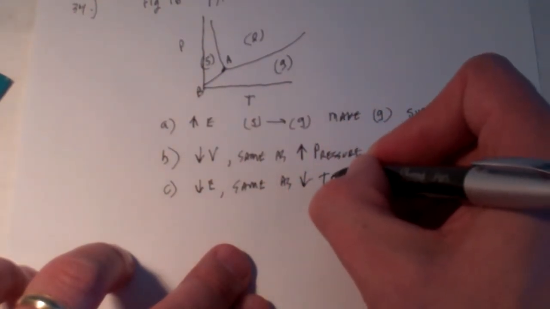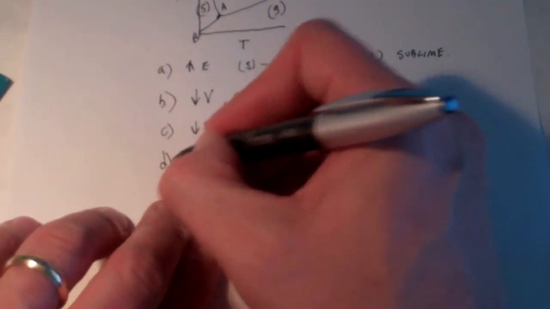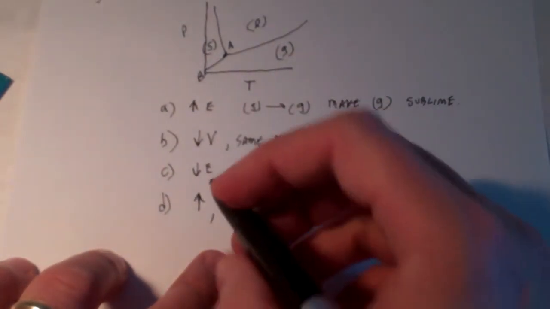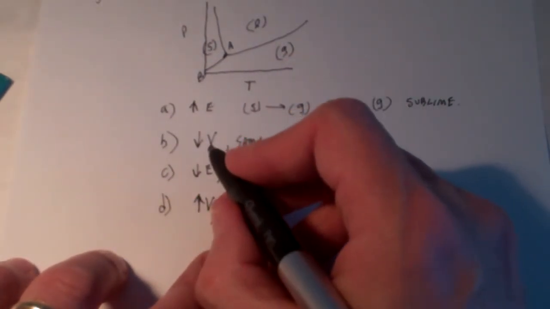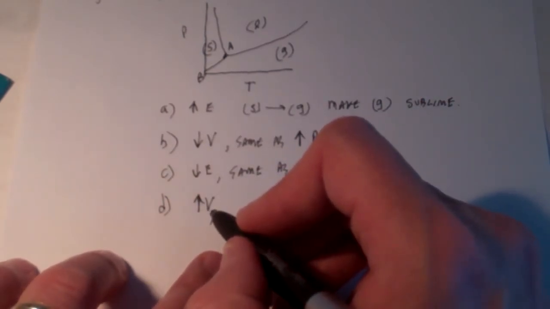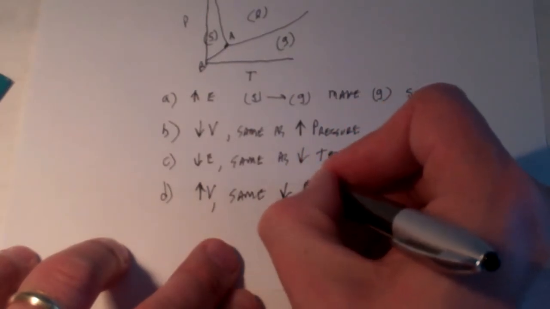Lowering the temperature. So think of it that way. And then letter D for number 34 says increasing the volume. Now, if decreasing the volume is the same as increasing the pressure, what do you think increasing the volume will be? Increasing the volume will be the same as lowering the pressure.